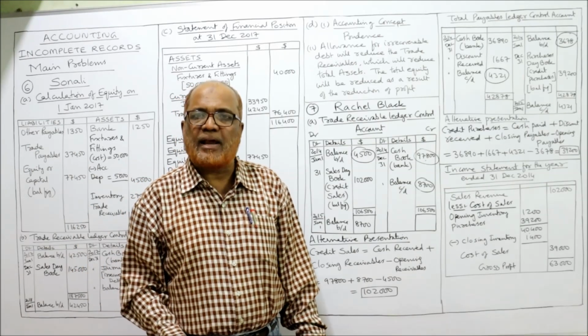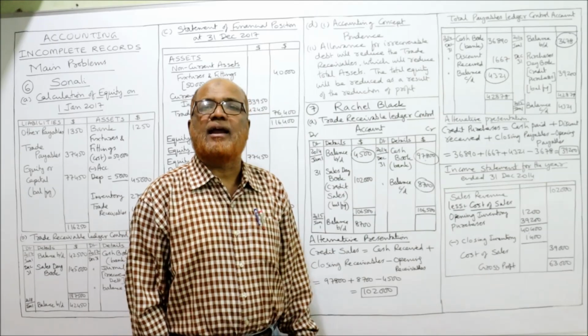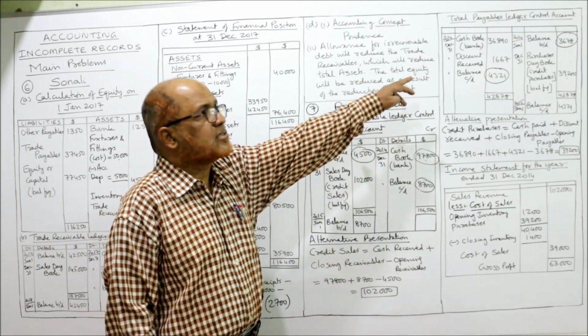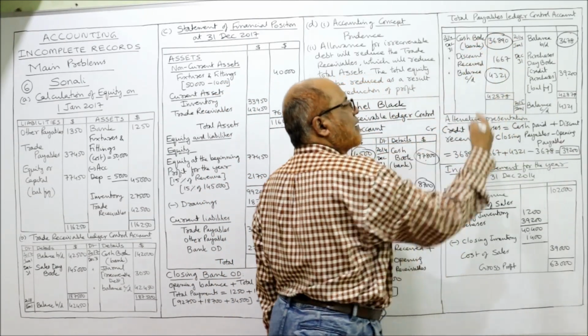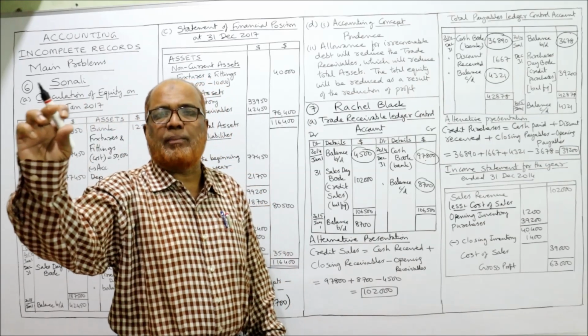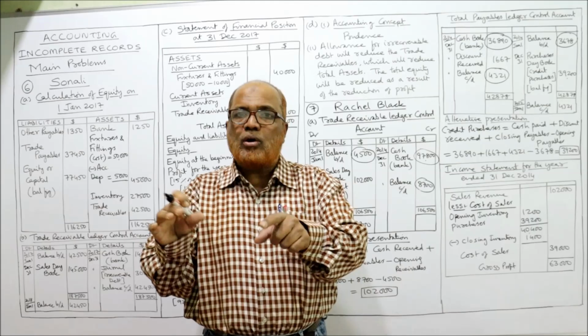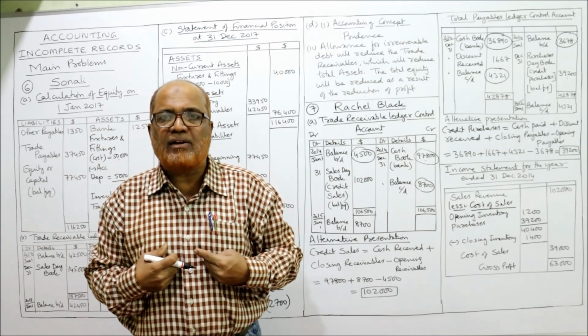Now cash paid to payables. Cash paid to suppliers. It is given in the problem. How much? 36,890. 36,890 is the cash paid to payables. So here 36,890 cash book bank. Entry will be payables account debit, bank account credit. Next, discount allowed by the supplier. When supplier allowed discount, we have received.